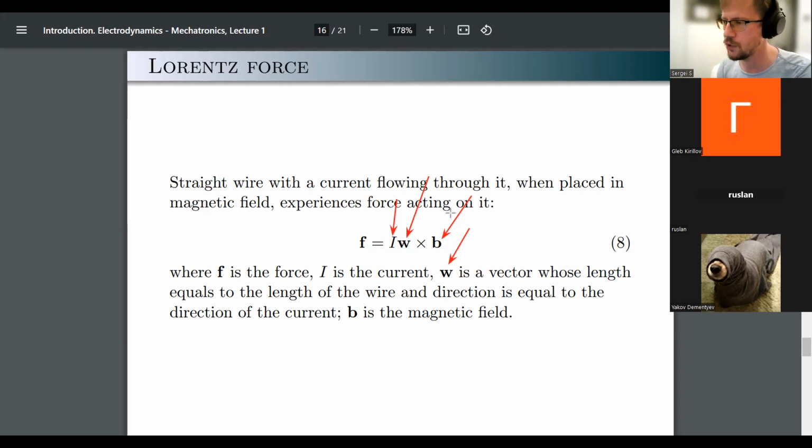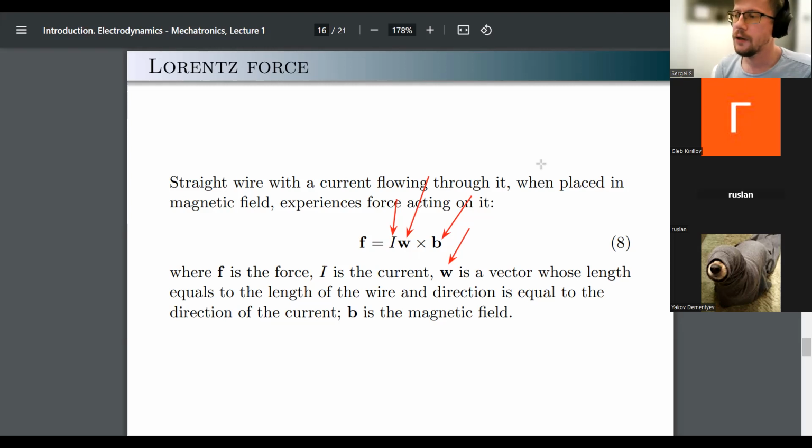This is just a very simple form where you have a uniform magnetic field. It points in one way. You have a wire with a current. It points another way. And to compute Lorentz force, you find the cross product between the direction of the wire and the current, and the magnetic field, and multiply it by the current. That's it. That's the Lorentz force.